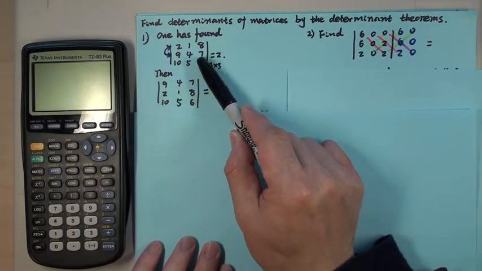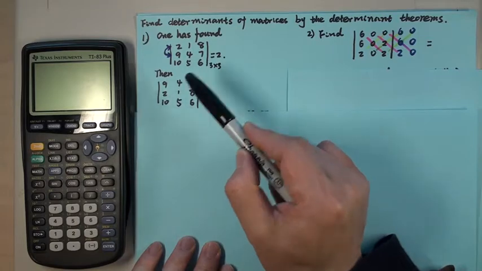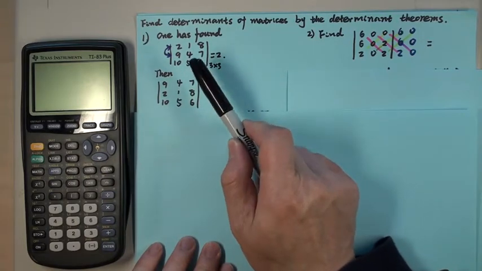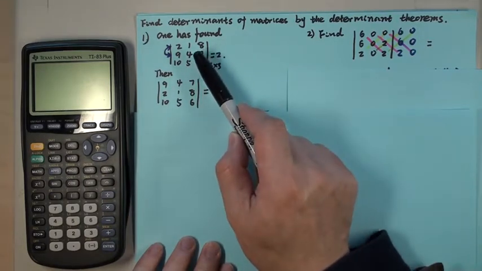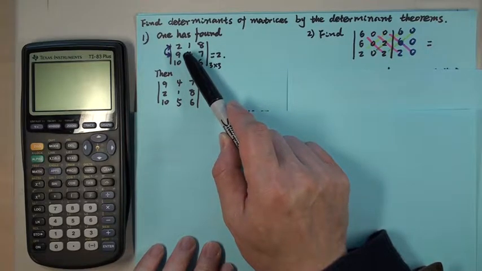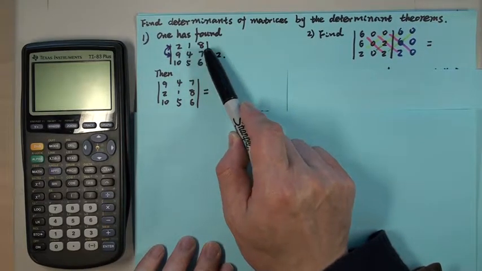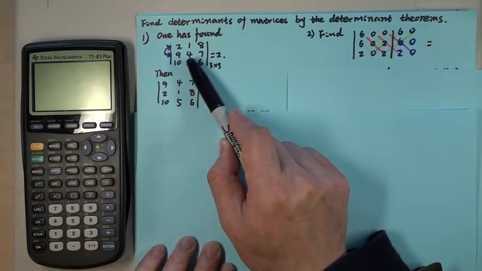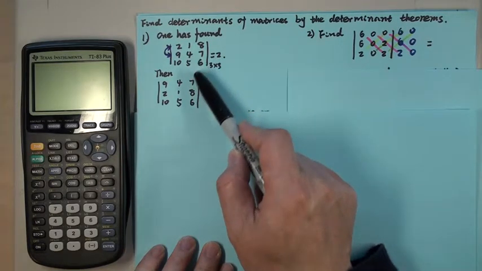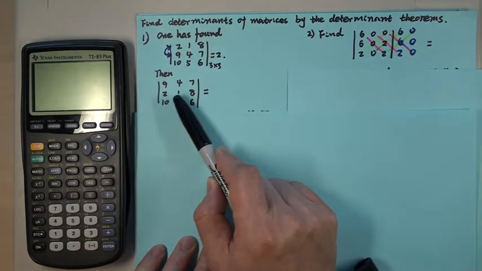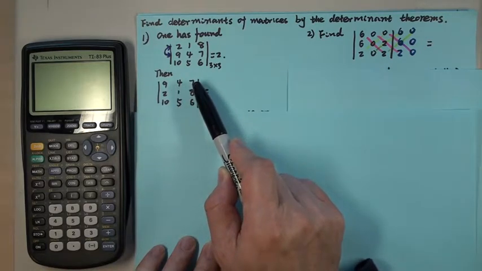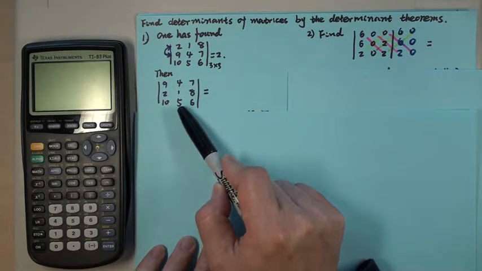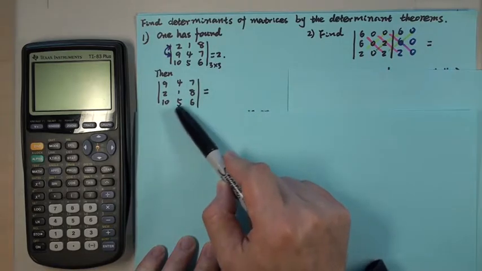Comparing those two matrices, we know the first row here is 2, 1, 8, 9, 4, 7, and here the second row is 2, 1, 8, 9, 4, 7. The last row is the same.